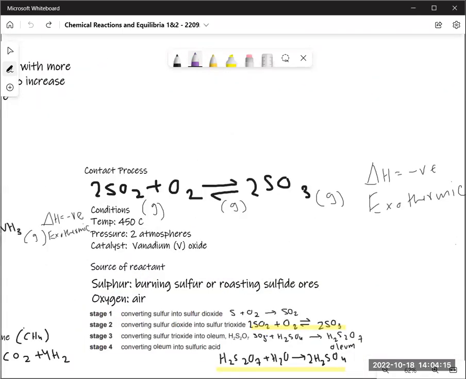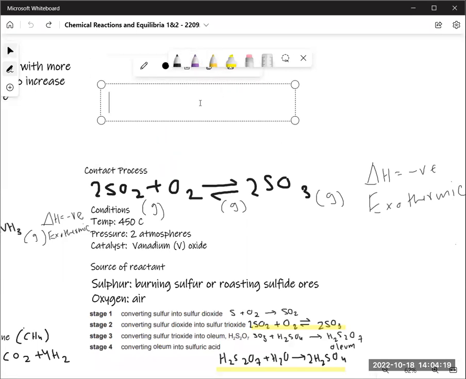Now, in your notes, I want you to write this part here: effect of catalyst. Write this just below temperature and pressure, right before the whole contact process.